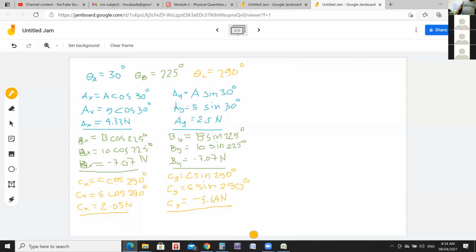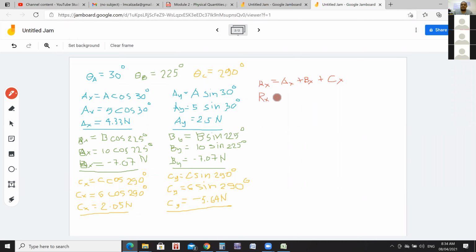Now, let us get the overall resultant. Okay? So, we have Rx is just equals to Ax plus Bx plus Cx.